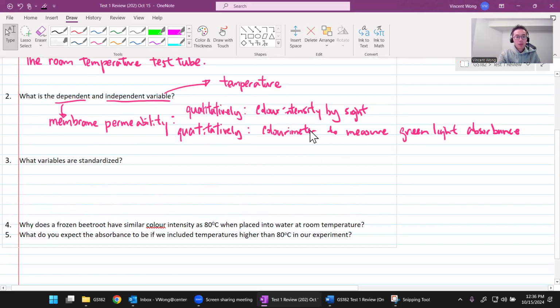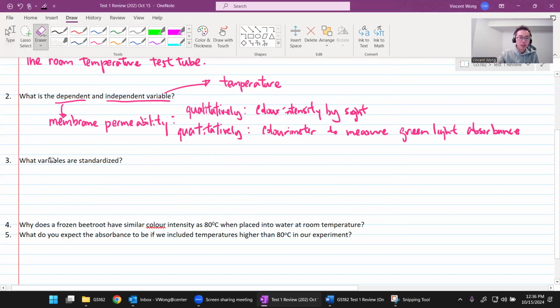Okay, what variables are standardized? Standardizing variables allow us to be certain that any differences we see in the membrane permeability is actually caused by the temperature difference and not anything else. Right?